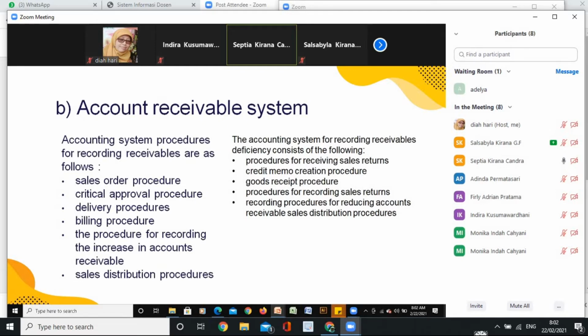The accounting system for recording receivable reductions consists of the following: procedure for receiving sales return, credit memo creation procedure, goods receipt procedure, procedure for recording sales return, recording procedure for receiving account receivable, and sales distribution procedure.